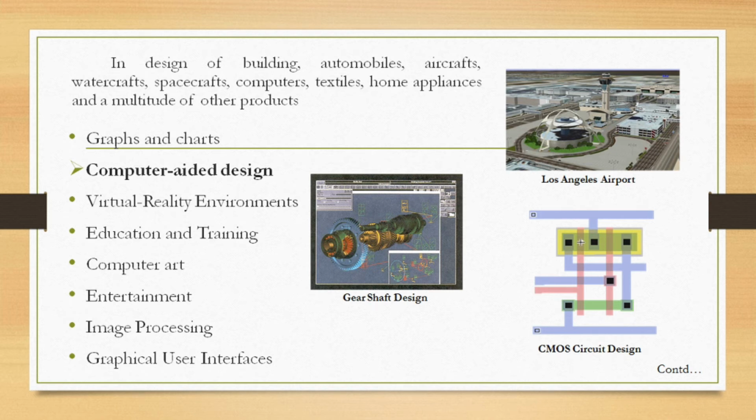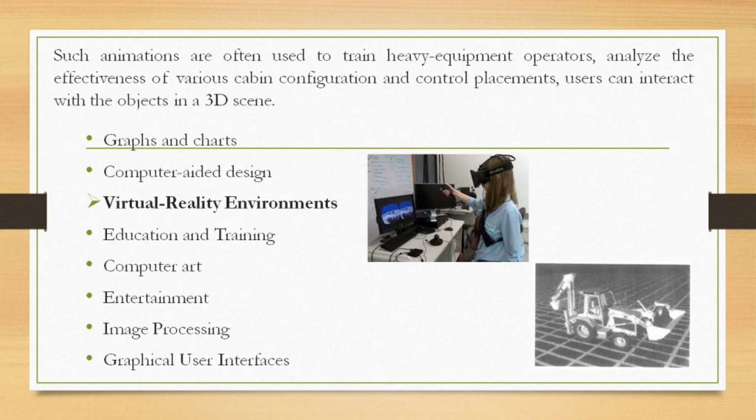And the third we have is the virtual reality environment. Such animations are often used to train heavy equipment operators, and to analyze the effectiveness of various cabin configurations and control placements. Users can interact with the objects in a 3D scene.